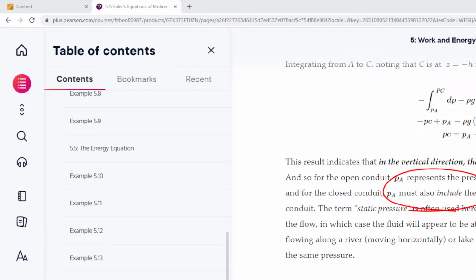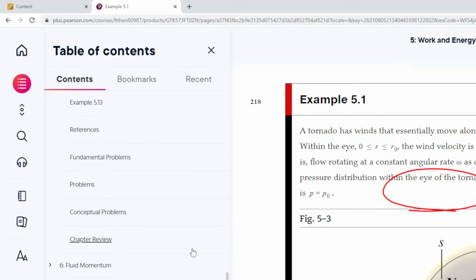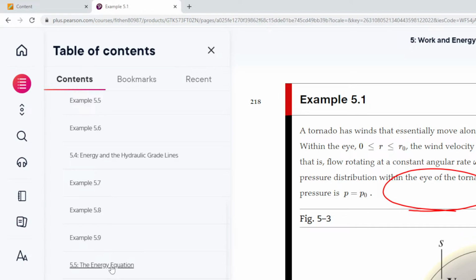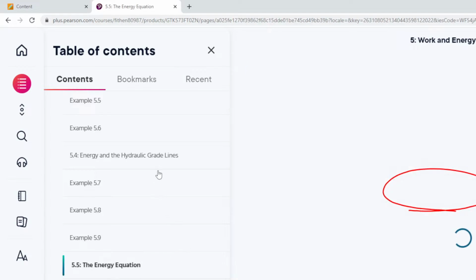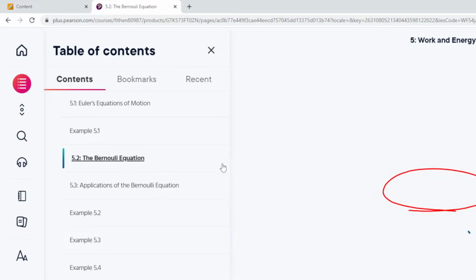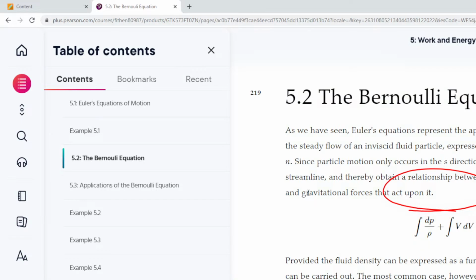Okay, I got to the end of that. That's the example. Okay. There we go. Well, wait a minute. That's the energy equation, Bernoulli's equation. There it is. So I went too far back and then too far forward.